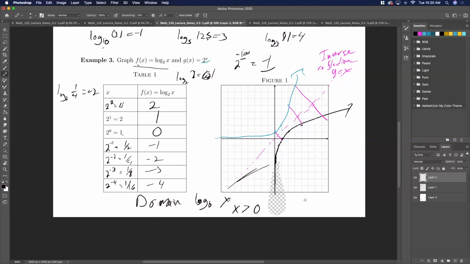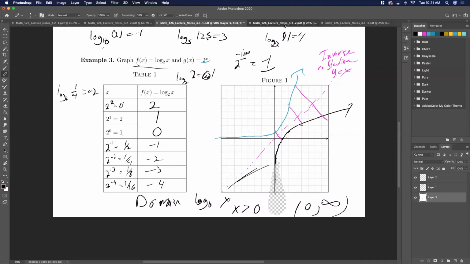Or to put it in interval notation, 0 to infinity. Okay, so there is no number which makes it 0, and it goes all the way to infinity.